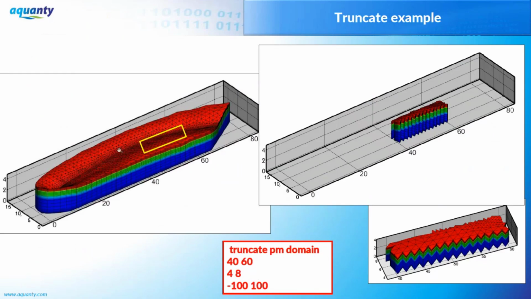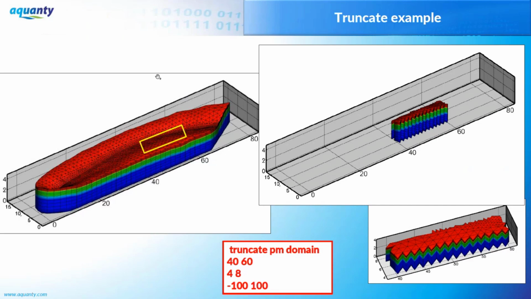I truncated this dual example that we are going to work on today, and I want to truncate this area to look at. It was a random area, cut from 40 to 60 in X and cut from 4 to 8 in Y, and minus 100 and 100 in Z. I gave it a really big number.